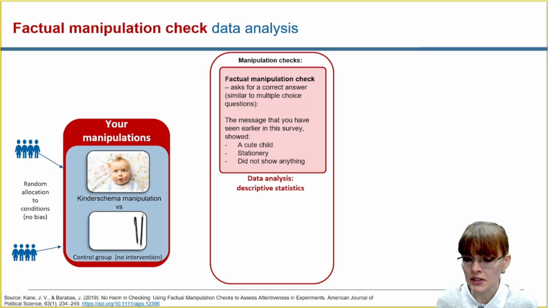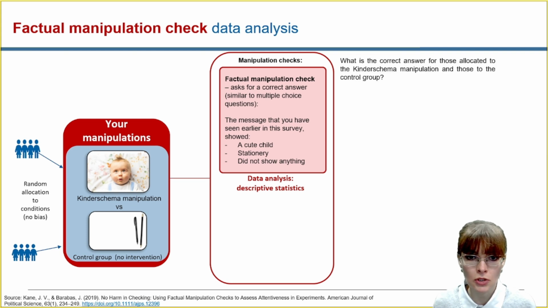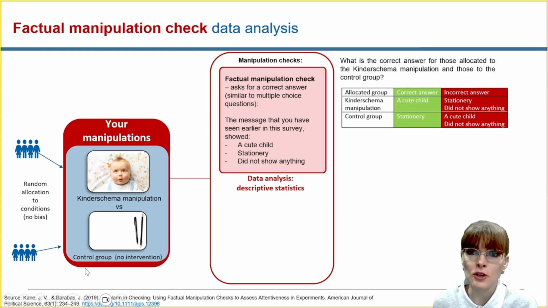Let's have a look now at the analysis of factual manipulation checks. Of course, you would use descriptive statistics again in this case. And as a researcher, you would need to develop a research protocol to determine what would be the correct and incorrect answers for each of your groups.